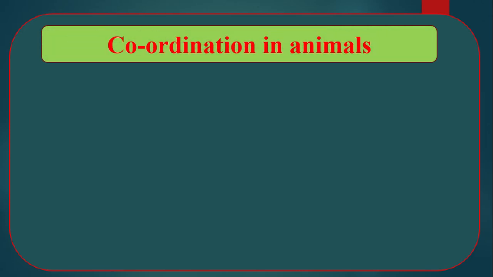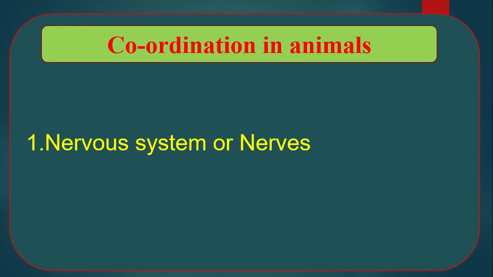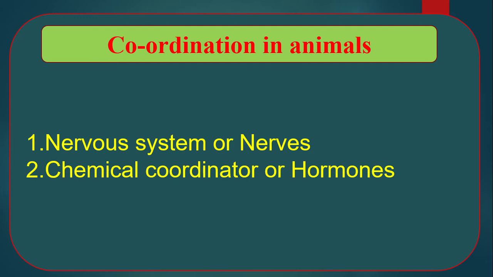Coordination in animals. Necessary coordination in animals is done by nerves and hormones. Number 1, nerves or nervous system. Number 2, chemical coordinator or hormones. What is nervous system?